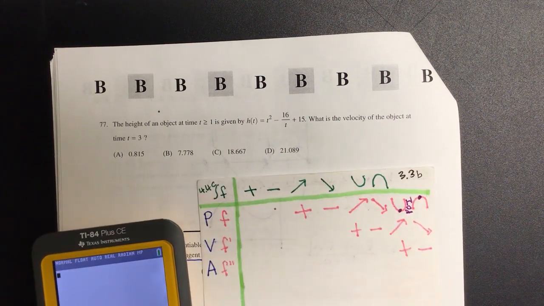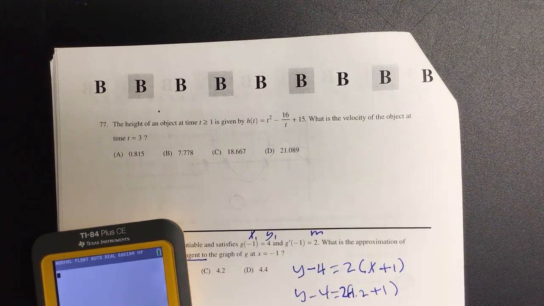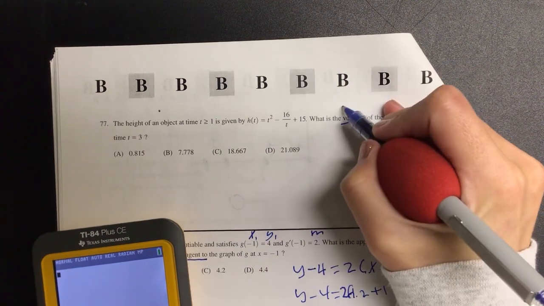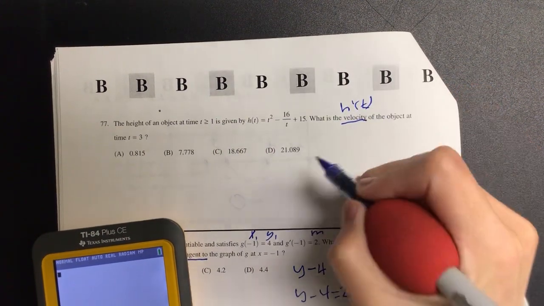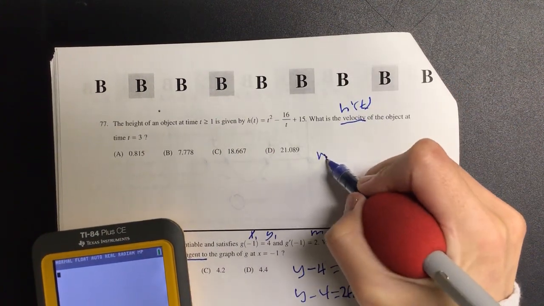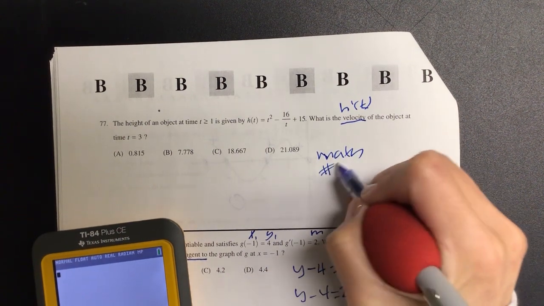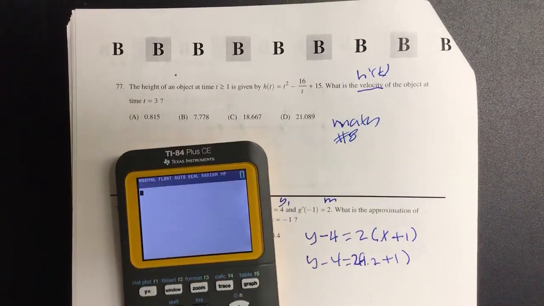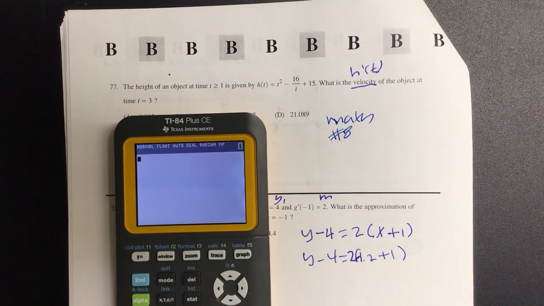If we're looking at the velocity, is that my first derivative or second derivative? First derivative. So I'm going to say this one is going to be h prime of t. And then we have our magical button called math number 8. Let's practice that together because I don't want you to miss a question like this.